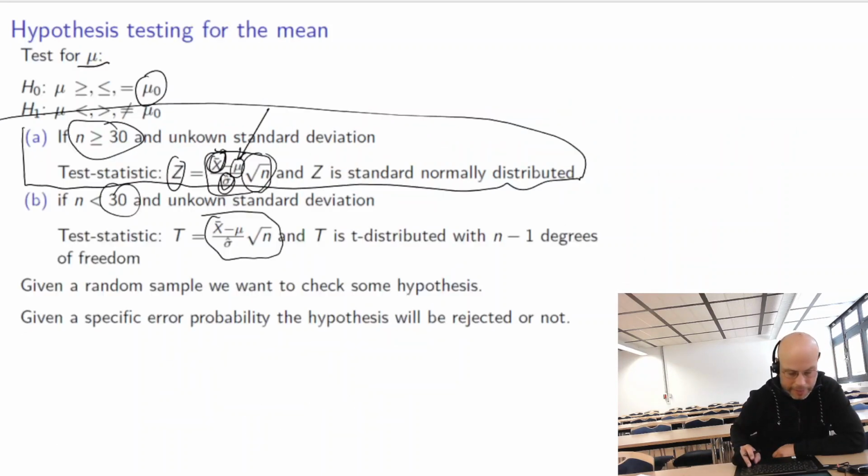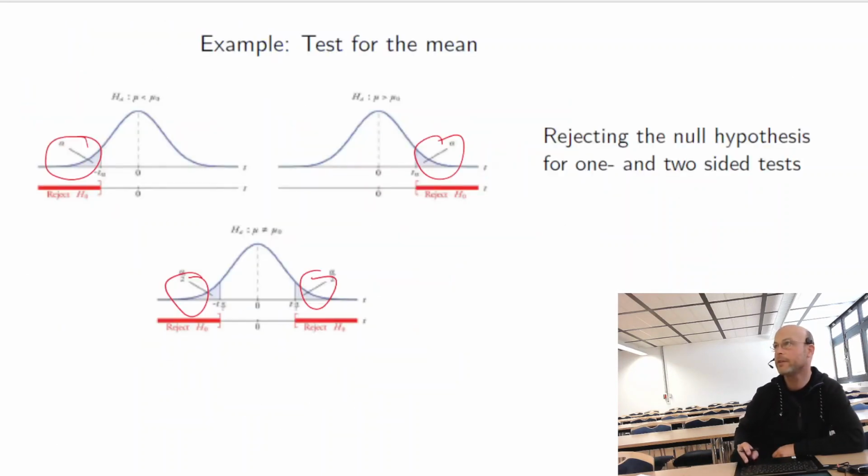And now again, you should have this picture in mind: if our test statistic is within this area, then I can reject my null hypothesis.